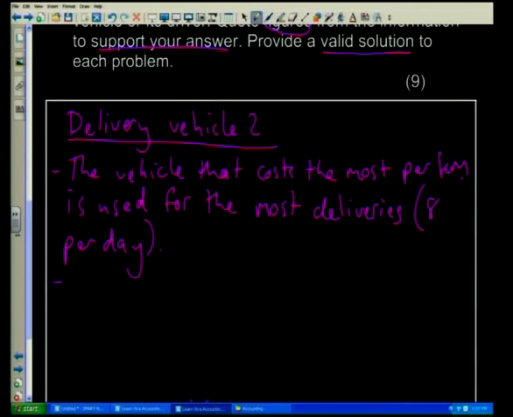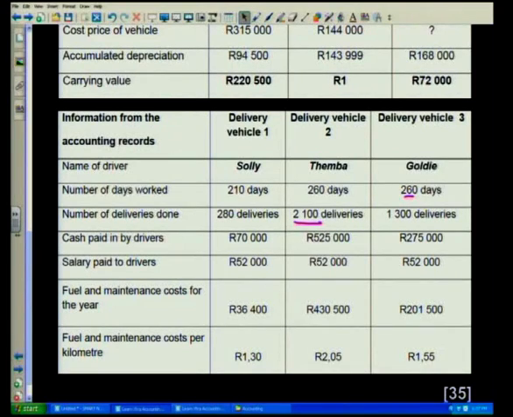We could also perhaps say that there's a problem in that Temba is working harder than the other drivers. He's working much harder than the other drivers because he is doing 2,100 deliveries, whereas the next most hardworking driver is Goldie, who is doing 1,300 deliveries.